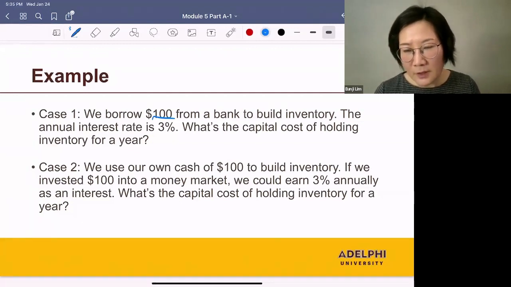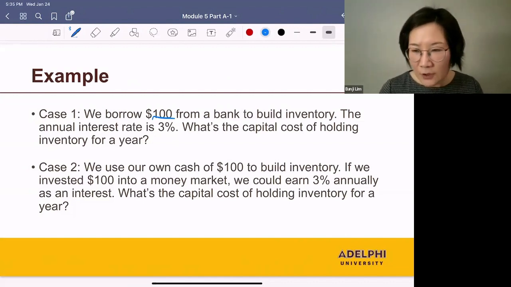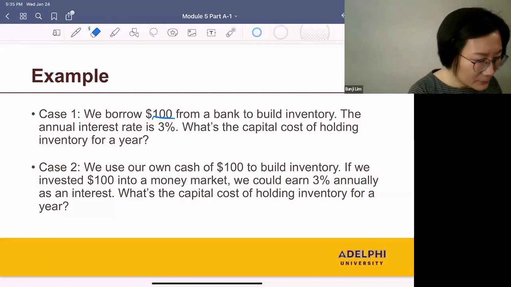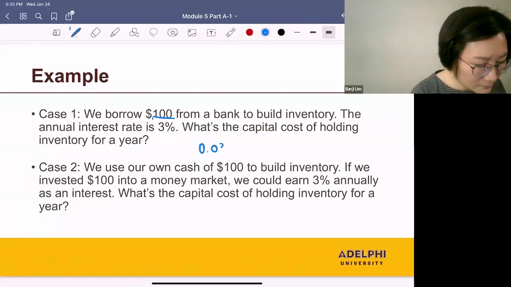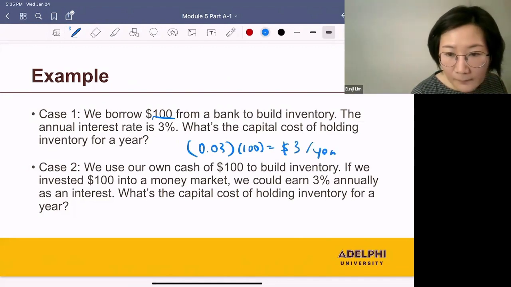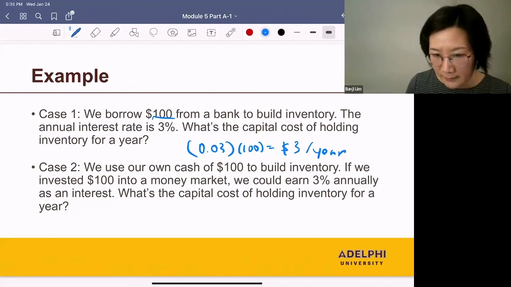So let's suppose the annual interest rate is 3%. How much interest do you have to pay every year? 3% of $100, that's $3 per year. Until when? Until you pay off your debt.